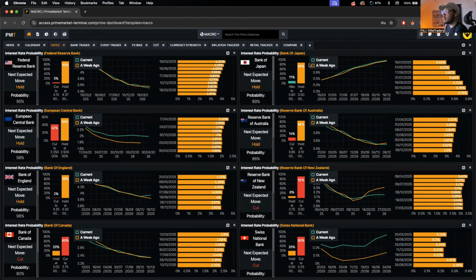If we're looking at the Bank of Japan, we're looking at essentially the complete opposite. The market expectation for the Bank of Japan is that they're going to hike once this year. That might sound a little bit strange. Why would you want to buy the yen if they're only hiking once? The answer is the Bank of Japan is known to be slow. No one really expects them to hike, hike, hike.